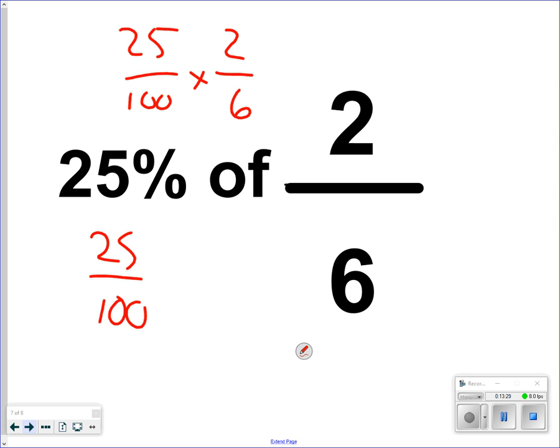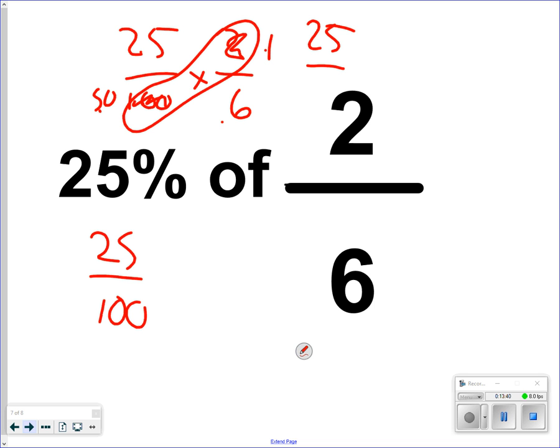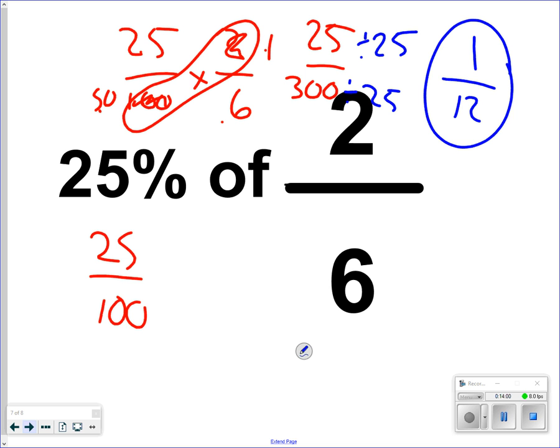Let's cross reduce. 2 divided by 2 is 1. 100 divided by 2 is 50. 25 times 1 is 25. 50 times 6 is 300. We can get these even smaller. Let's divide them down. 25 divided by 25 is 1. 300 divided by 25 equals what? Well, there's 4 25s in 100. So 4 plus 4 plus 4 would be 12. Your answer is 1/12.